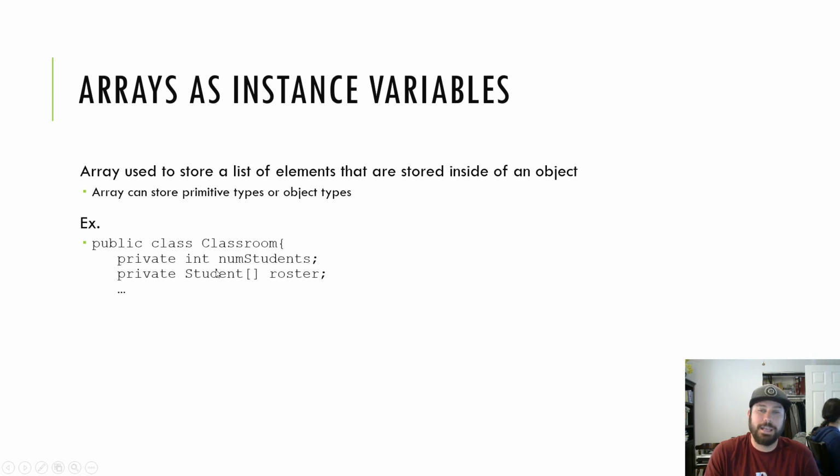Instead, we would access the student inside of roster and then use the methods. A lot of times they'll give you the Student class with all of its methods declared, and then ask you to implement the Classroom class, which constructs an array of student objects. These are not necessarily specific examples, but more archetypes, the different types of problems that you're going to see.